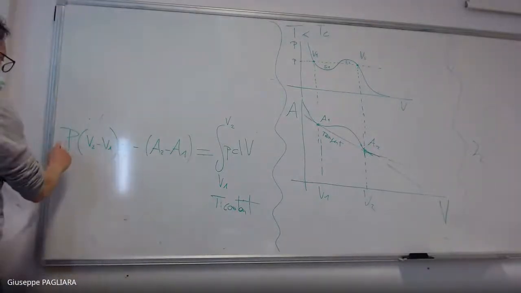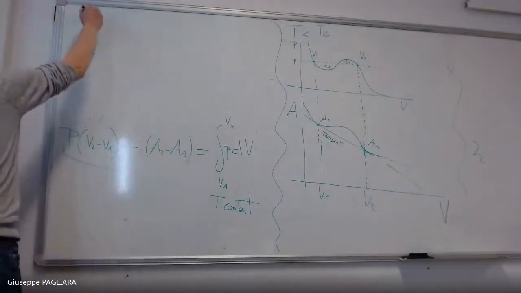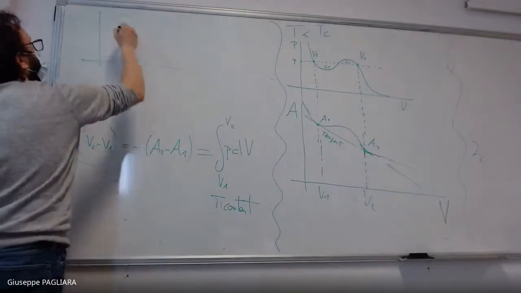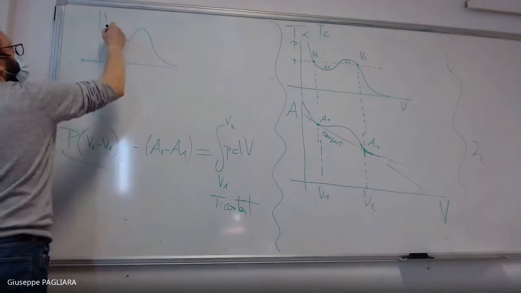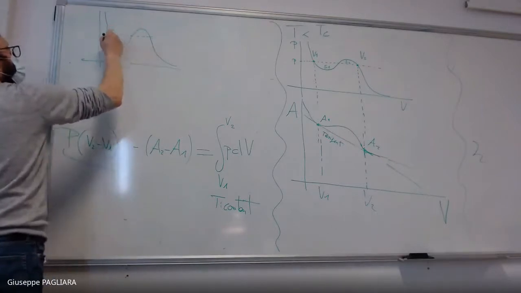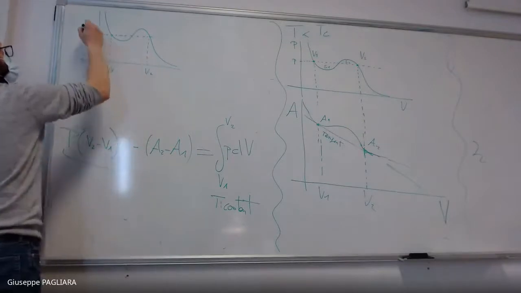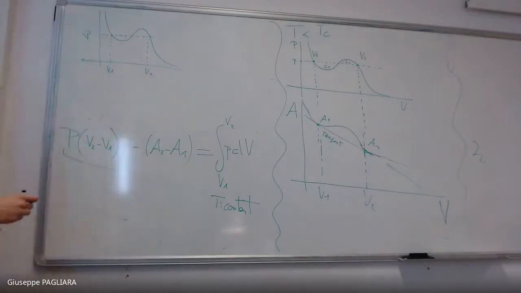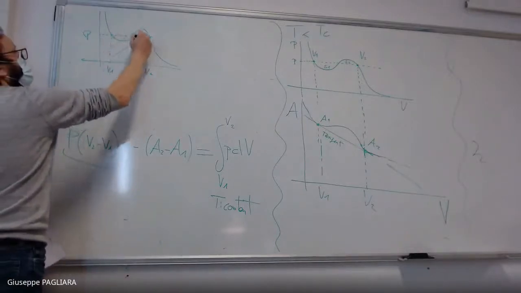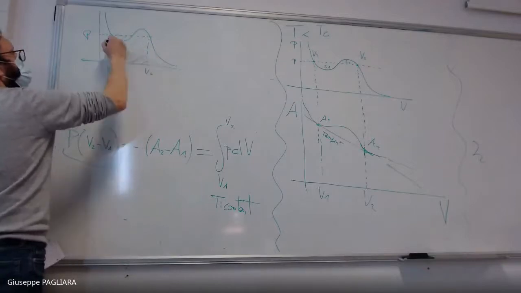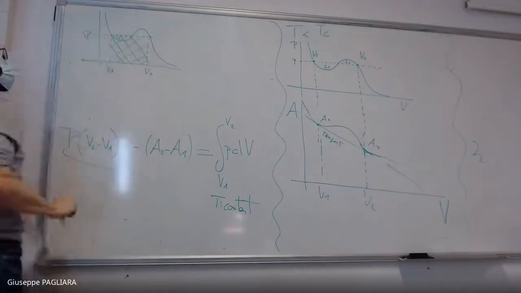Now, what is P times V2 minus V1? Let me do the plot again. In this expression, if I do P times V2 minus V1, I just have the area of this box. Here we had S1.